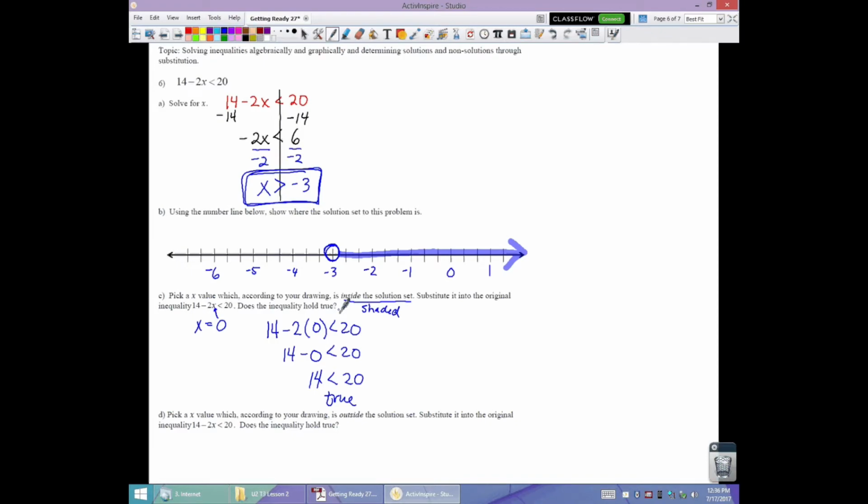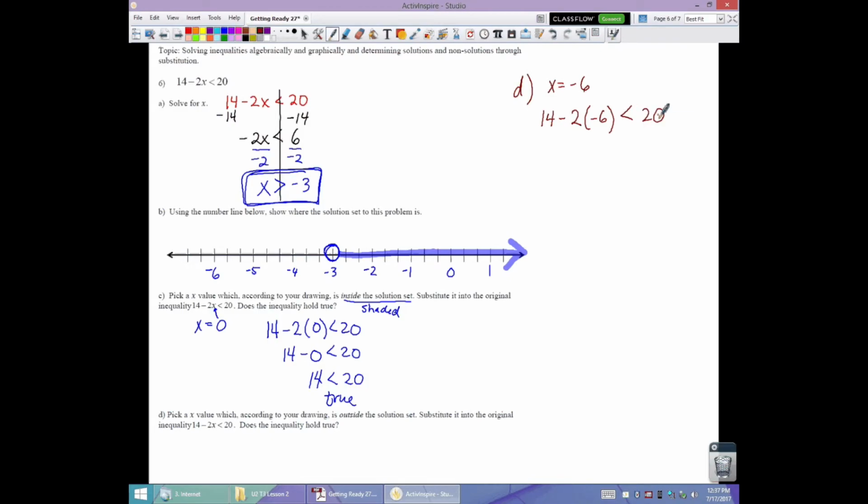Pick an x value which is outside the solution set. So that would have to be a value that is not shaded. I'm going to do my part D over here. So I'm going to choose -6. So if I substitute -6 into my original inequality, that's 14 minus 2 times -6 less than 20.